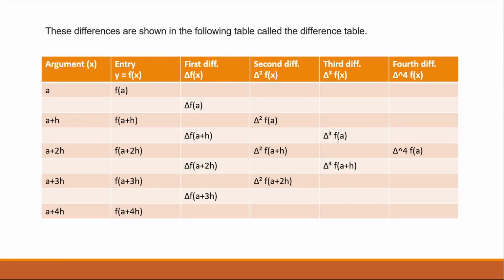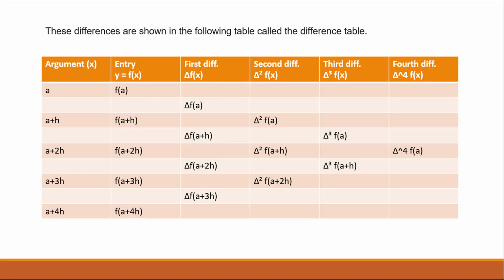These differences, shown in the following table, are called the difference table. Argument x: a, a plus h, a plus 2h, a plus 3h, a plus 4h. Entry y is equal to f of x: f of a, f of a plus h, f of a plus 2h, f of a plus 3h, f of a plus 4h.